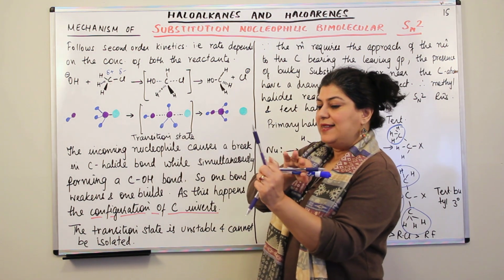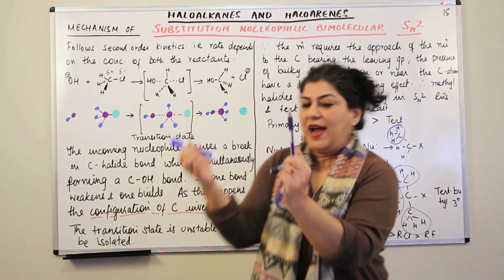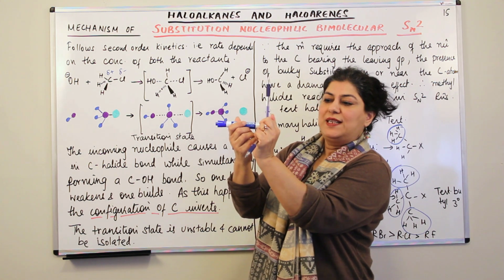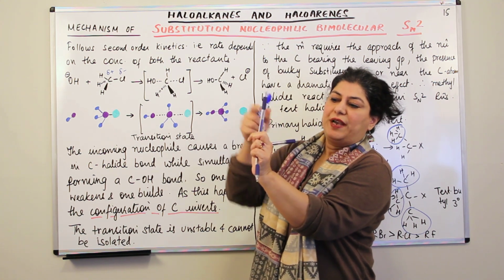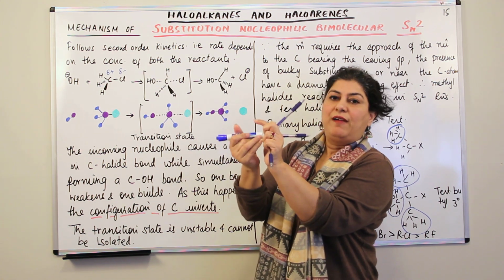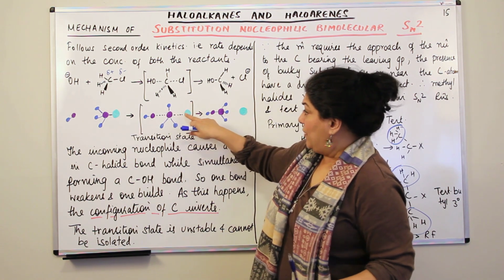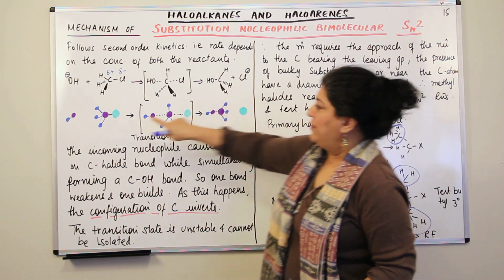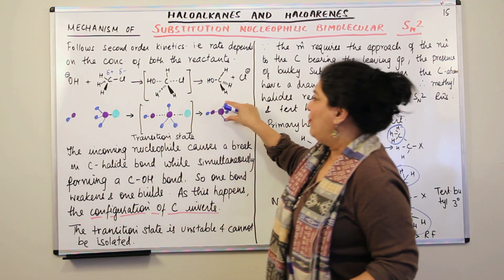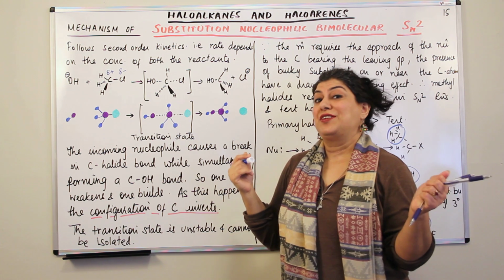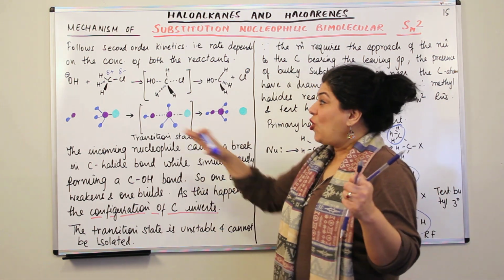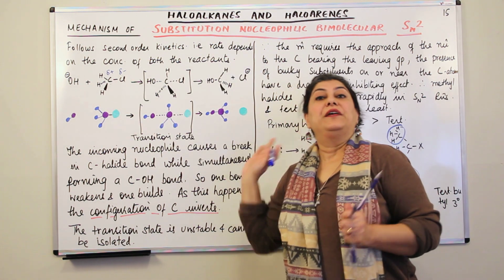As this moves away and you have electrons coming from here, why would they stay flat? They would form a tetrahedron in the other direction. Why would they not form a tetrahedral shape in that? That is what happens. So as the chlorine moves away, the tetrahedron which was in this direction is now made in the opposite direction. This is called the inversion of configuration.